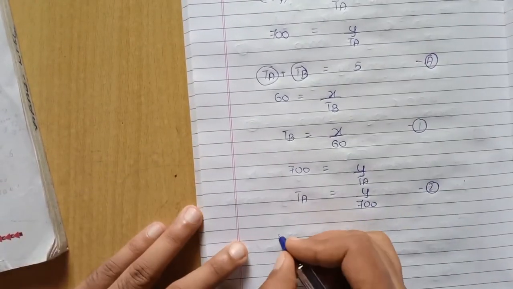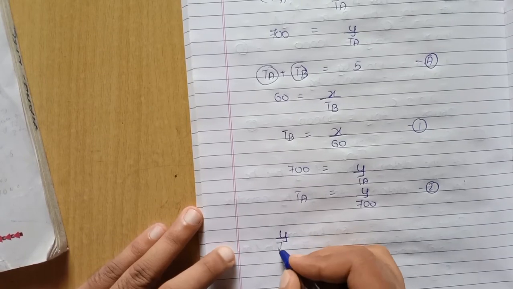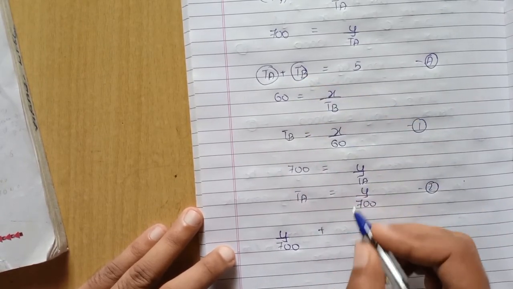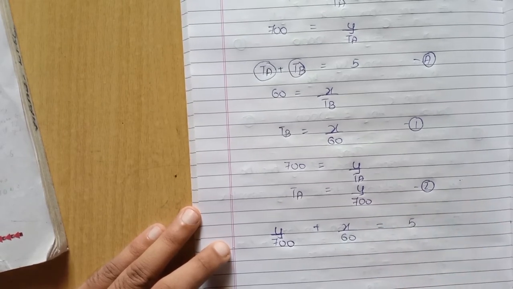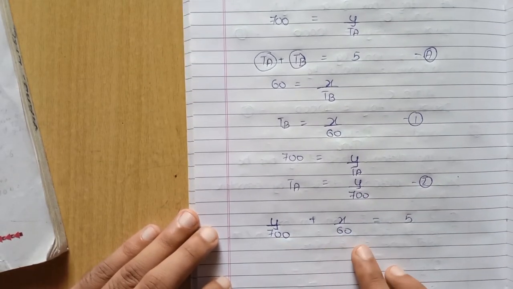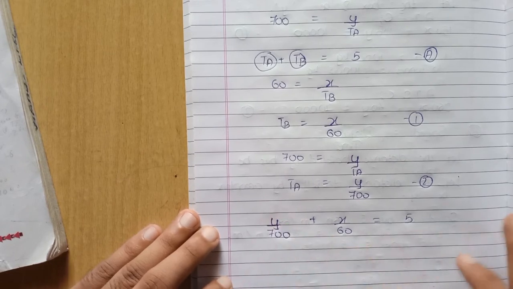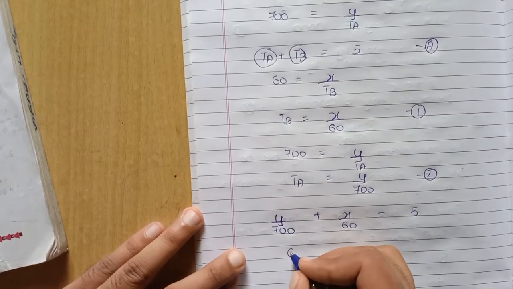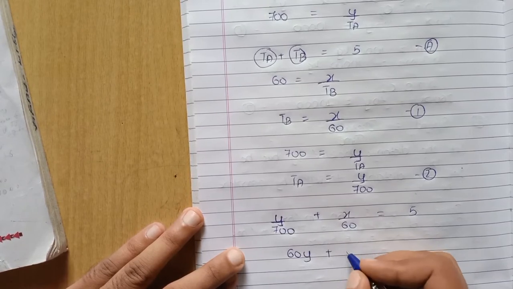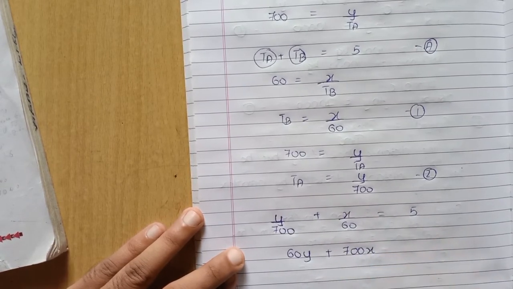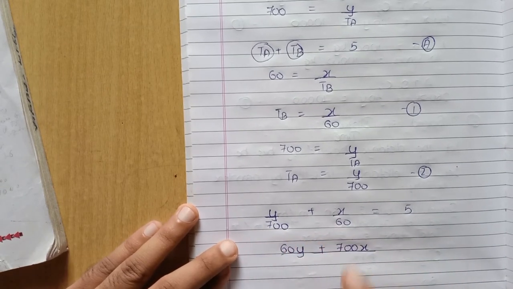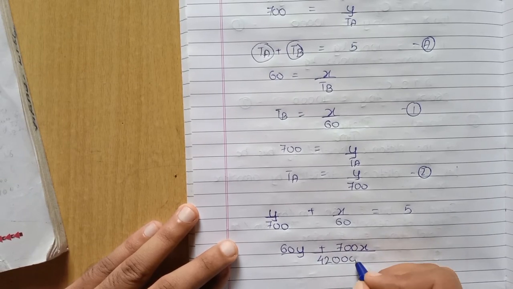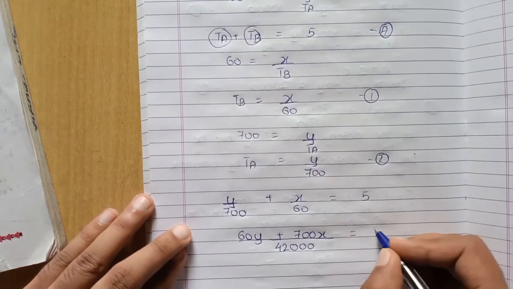So t of a was y by 700 plus t of b was x by 60, which was equal to 5. And we just need to simplify it. How can we simplify? We have to cross multiply: 60 into y plus 700 into x, over 7 sixes are 42 and 3 zeros, so it will be 42,000, is equal to 5.